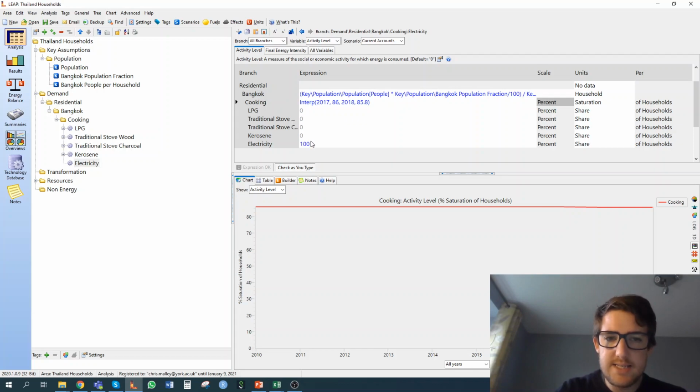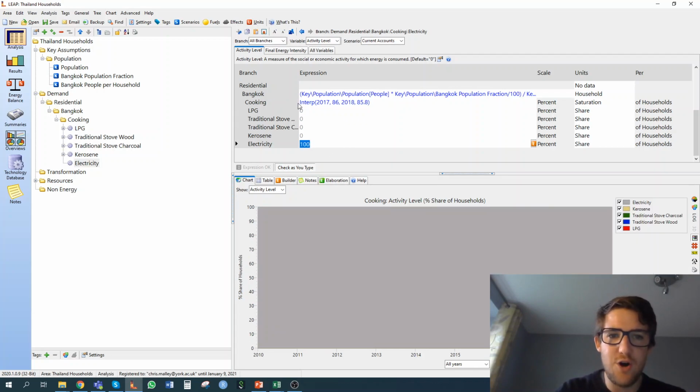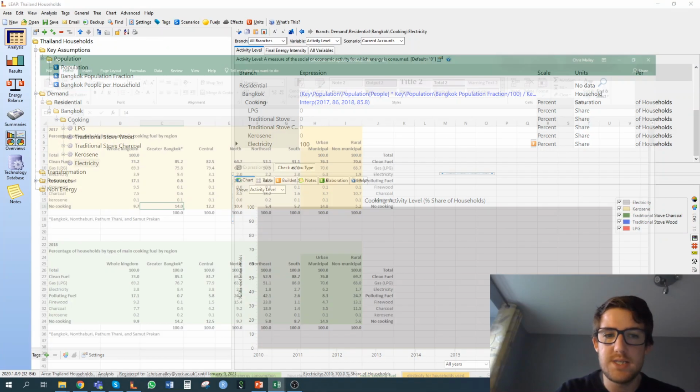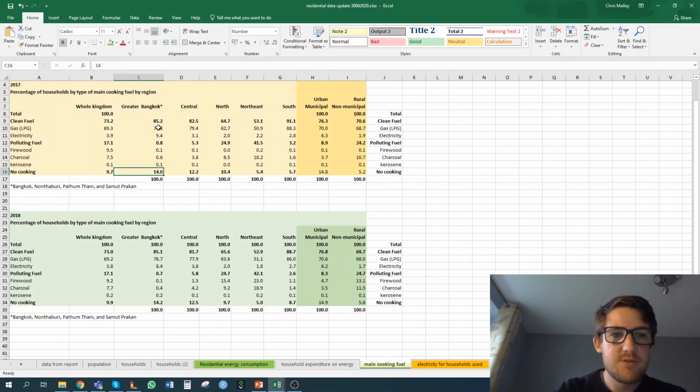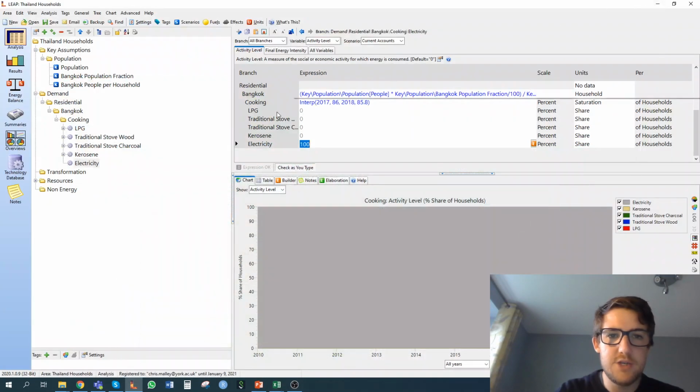The next thing I need to say is what percentage of households cook using these particular types of fuels and technologies. So 75.8 and 76.7% of households use LPG.